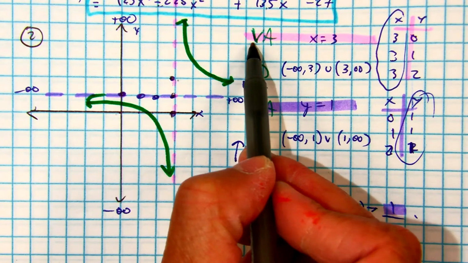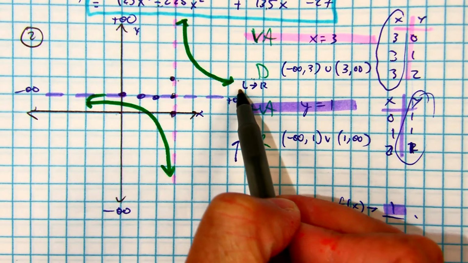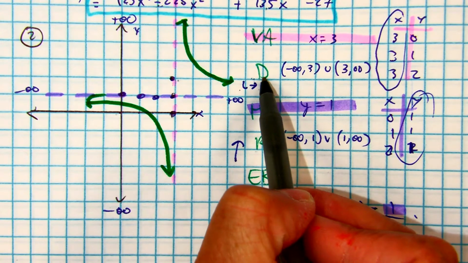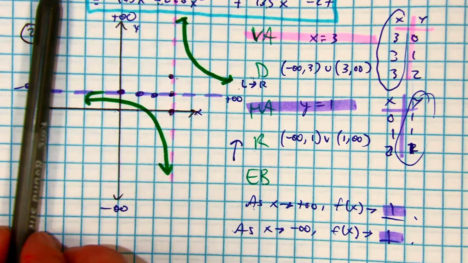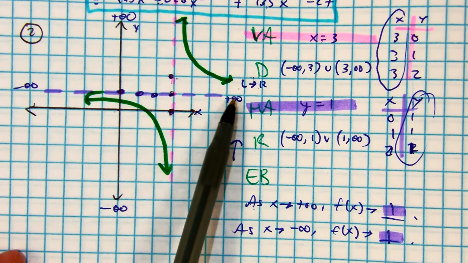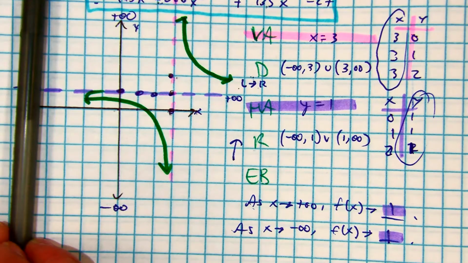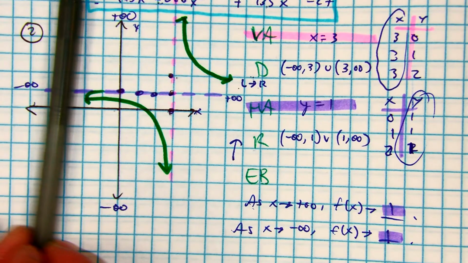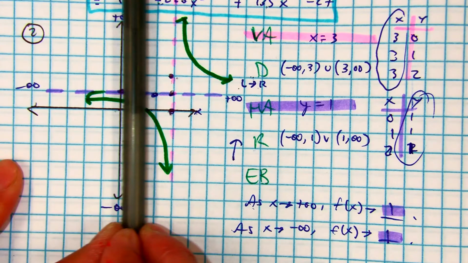With the vertical asymptote, this can help us find the domain. Domain goes from left to right, and we're working with the x values. As I go from the left to the right, you can also label your axes with the positive and negative infinities. Over here, the question is, do I have a graph? The answer is yes. It's from negative numbers, and I cannot continuously go the whole way.